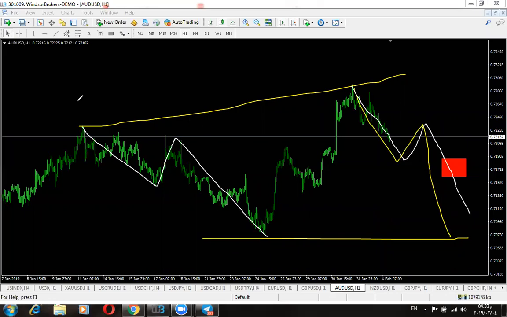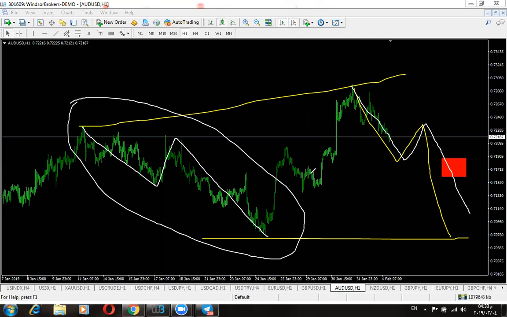So we are expecting to see this type of movement to the downside, so that the whole correction is complete, and then we will take off to the upper side again.